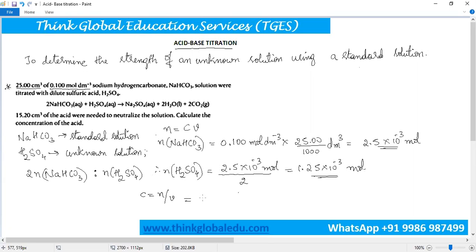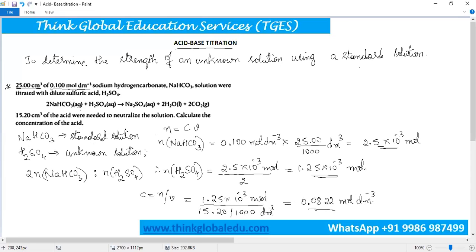We have the number of moles of an acid used, which is 1.25 × 10⁻³ moles, and the volume of the acid required for the neutralization, which is given as 15.20 divided by 1000 dm³, which will be equal to 0.0822 mol per dm³, which is the strength of the acid used for the neutralization of the sodium bicarbonate.